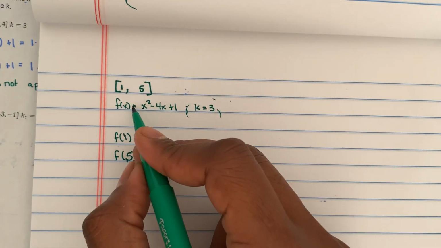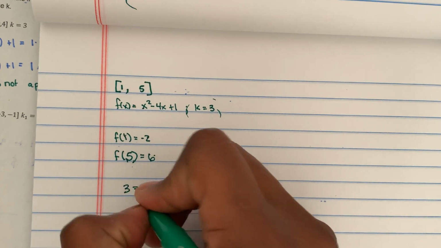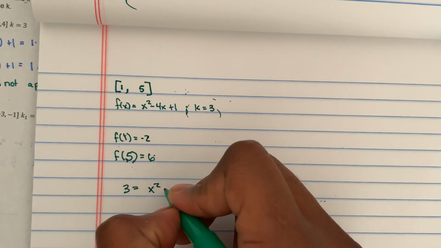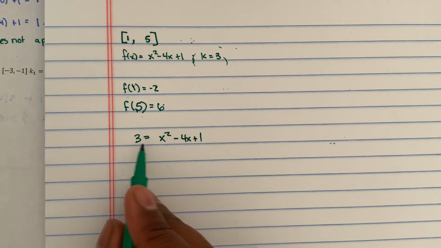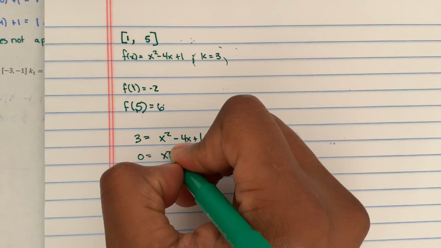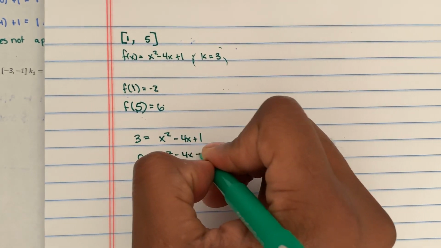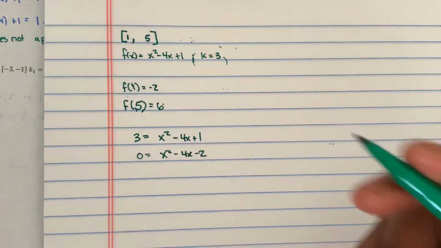So that means that we set this equal to 3, then solve for x. So we're going to have 3 equals x squared minus 4x plus 1. If we subtract 3 from both sides, we get 0 equals x squared minus 4x minus 2. I don't know about you, I'll just do the quadratic formula.